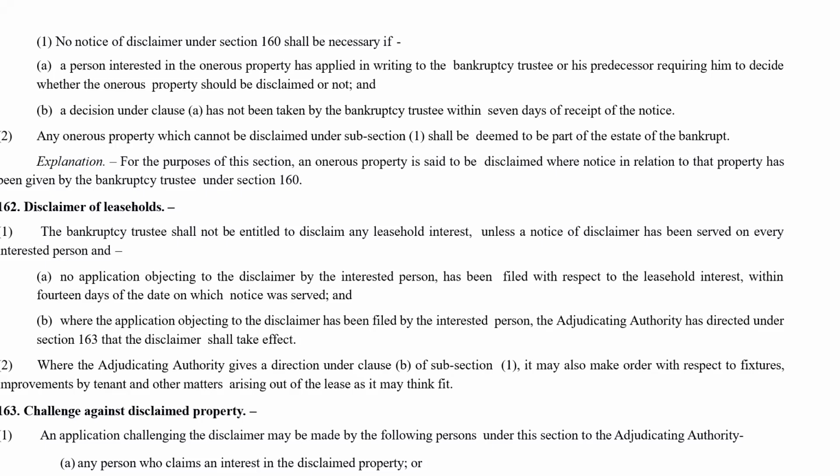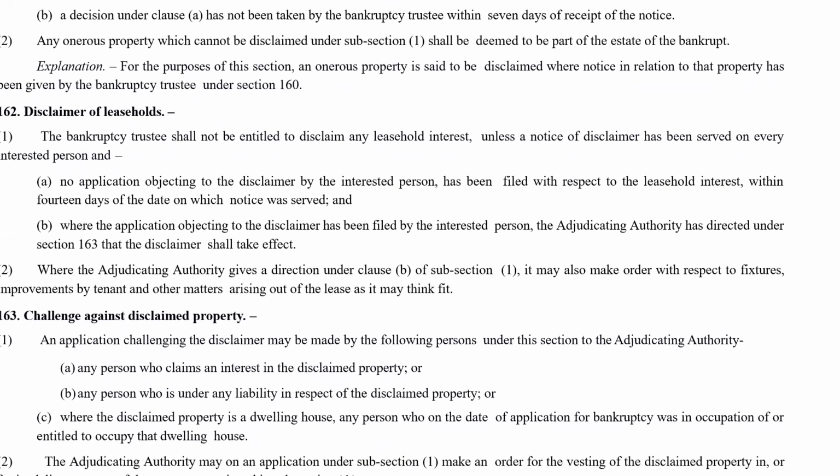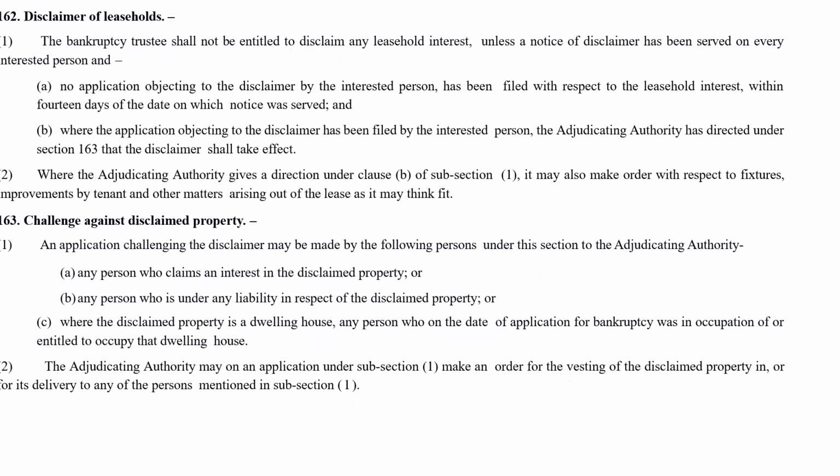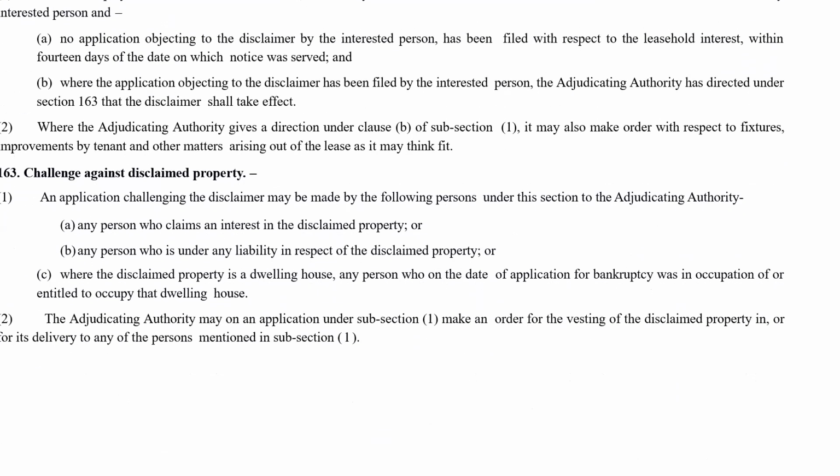Take it, 163. Challenge against disclaimed property. An application challenging the disclaimer may be made by the following persons under this section to the adjudicating authority. All these things will be done with the approval of the adjudicating authority only.